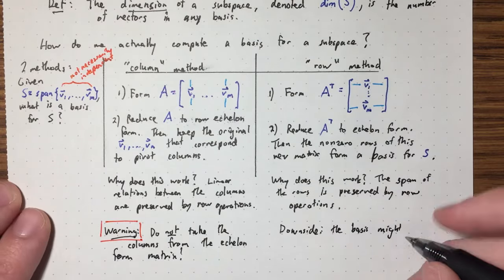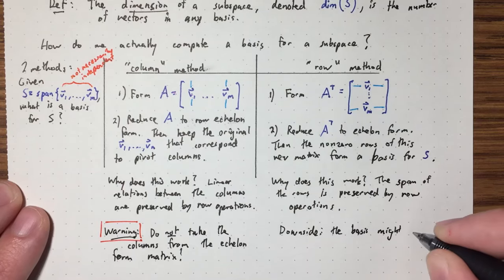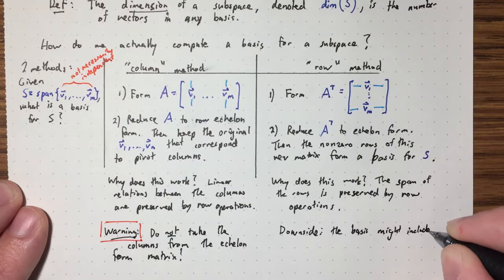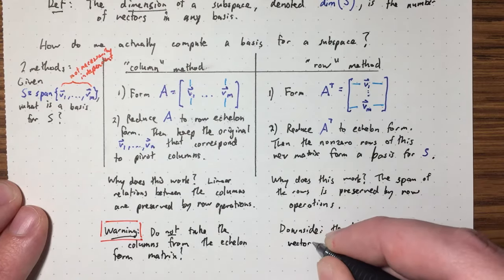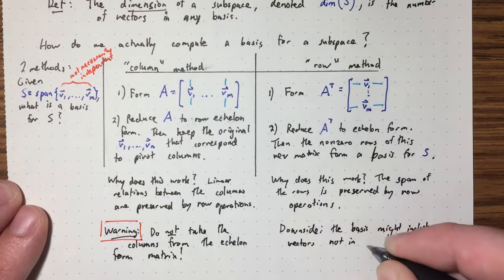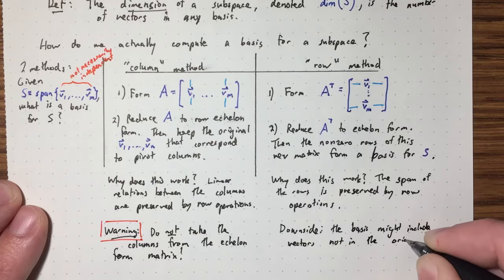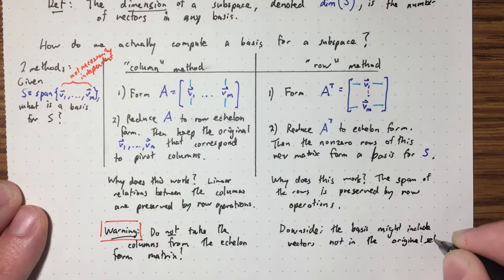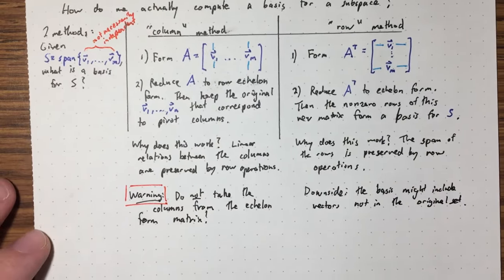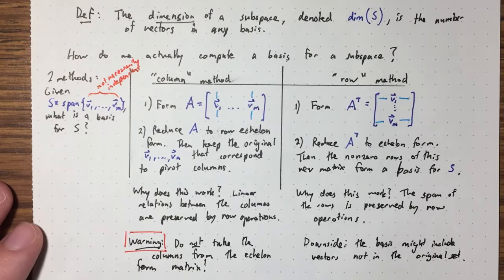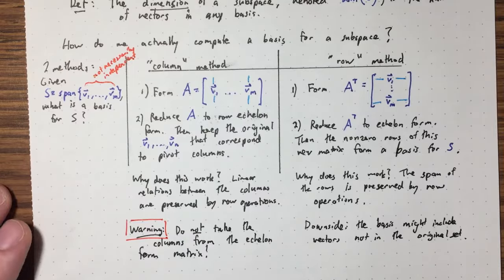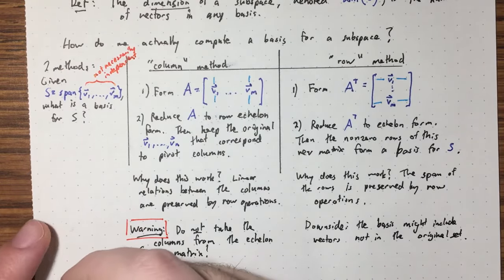So this might include vectors not in the original set. Okay, that's enough words, but I did want to outline these two methods. Let's see both of them in action.